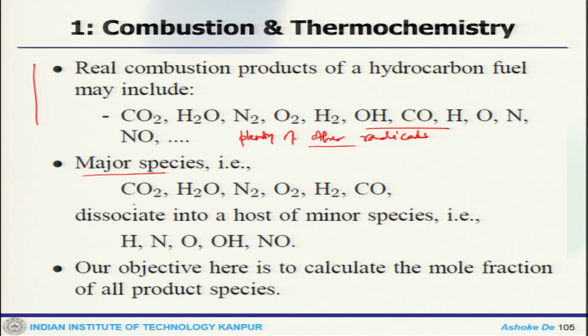Major species are like CO2, H2O, N2, O2, H2, CO, and minor species are radicals like H, N, O, OH, NO. So, what we want to do here is calculate the mole fraction of all product species. That means, if your combustion product contains both major and minor species, then we can evaluate that.